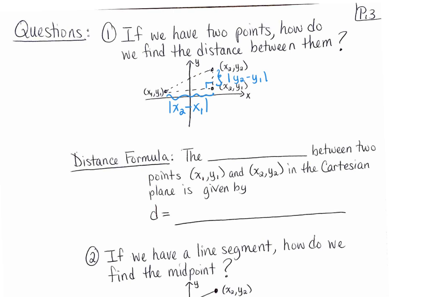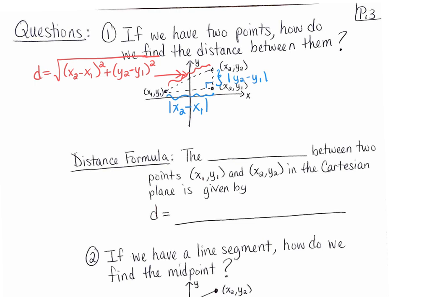I'm going to put it in red because this is what you're taking away from it. So the distance is given by the formula D equals the square root of the quantity x sub 2 minus x sub 1 squared plus the quantity y sub 2 minus y sub 1 squared.